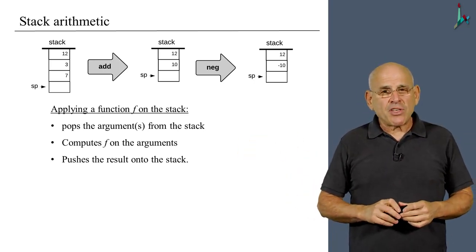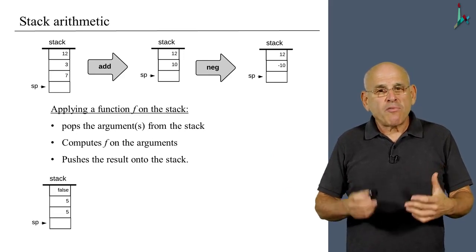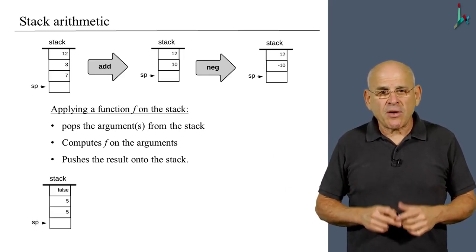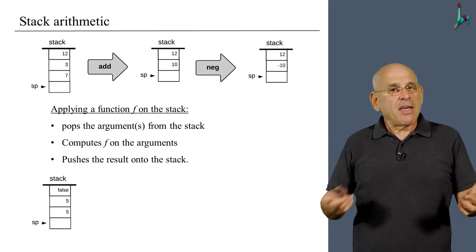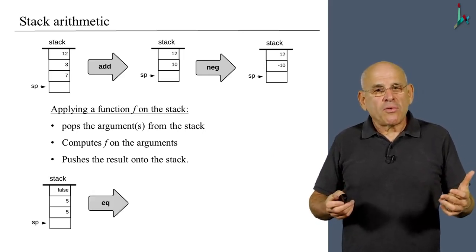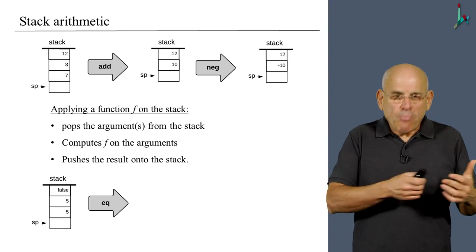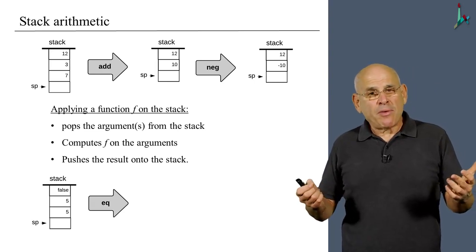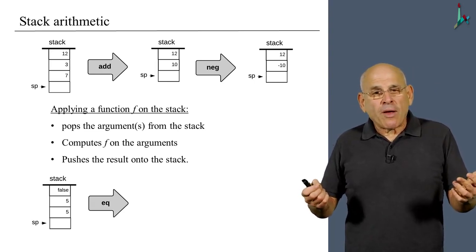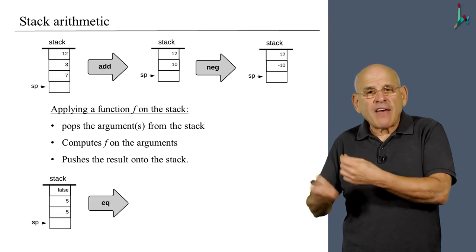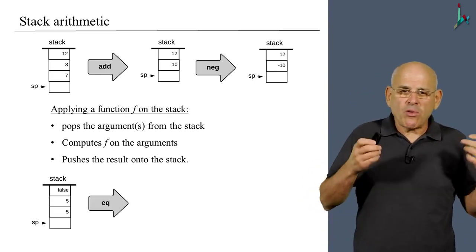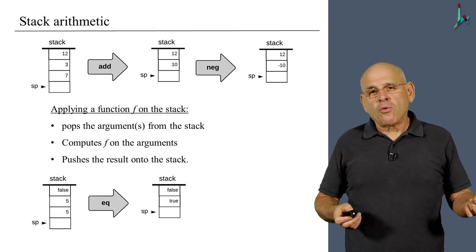Now, in a similar fashion, we can also apply all sorts of Boolean operations on the stack. So in this example, if we say eq, we're going to implicitly pop the two top values, which happen to be equal. We are going to ask, are they equal? Is it true that 5 equals 5? The answer is yes, so we're going to push true to the stack.